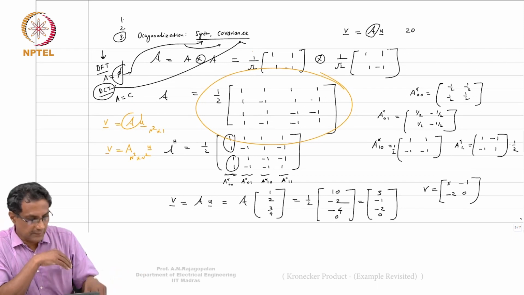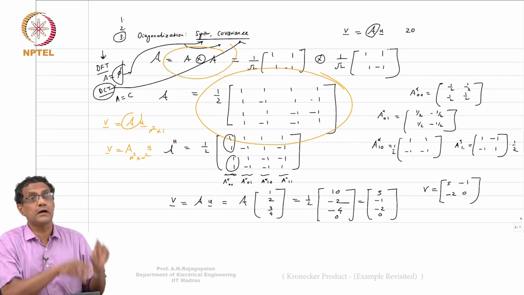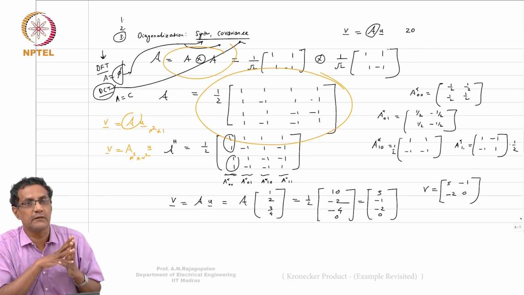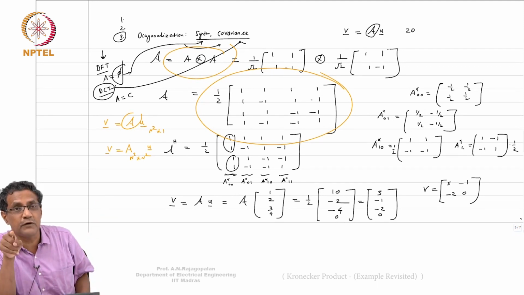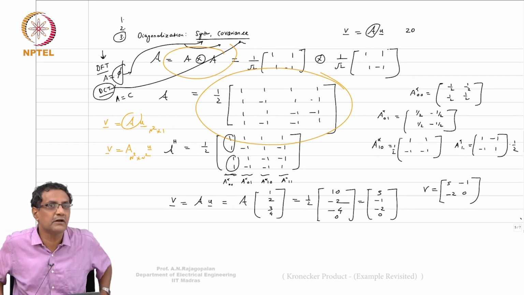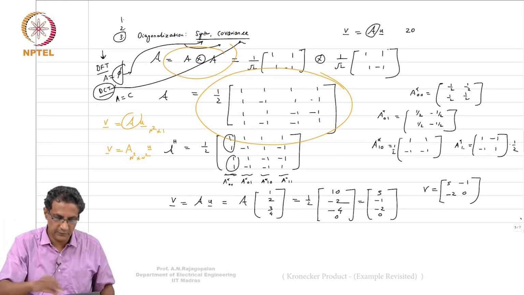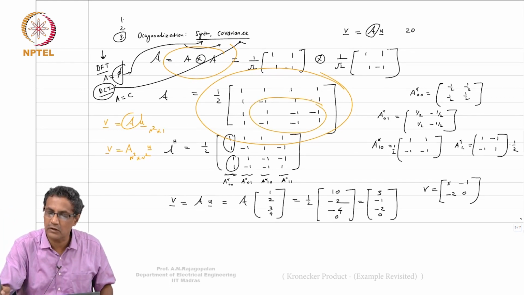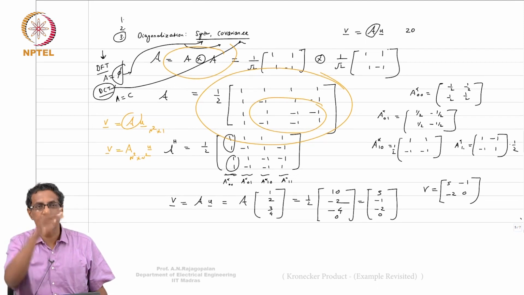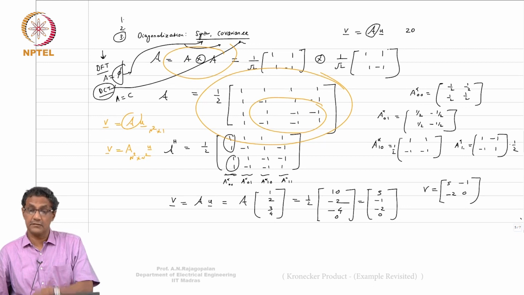A 2D transform comes through a Kronecker product, a Kronecker of A with A. One striking example is this: if you went for a 4 cross 4 DFT matrix, you would have already encountered entries which are all complex. Forget the first row and first column, the rest of them will all be complex, whereas that's not the case here.